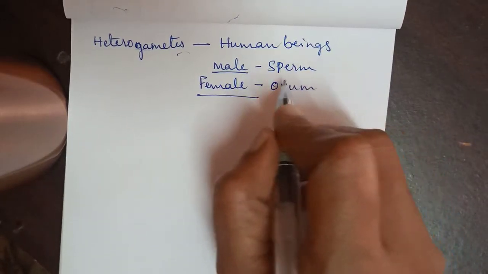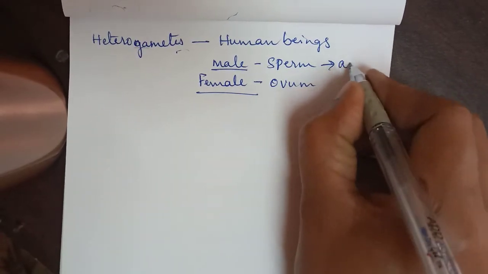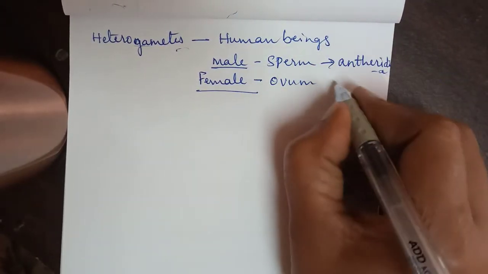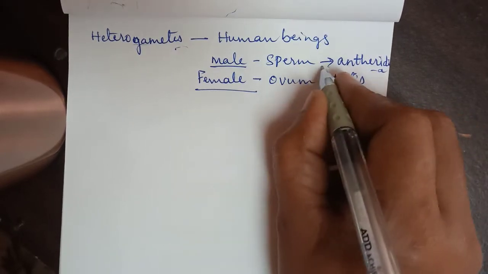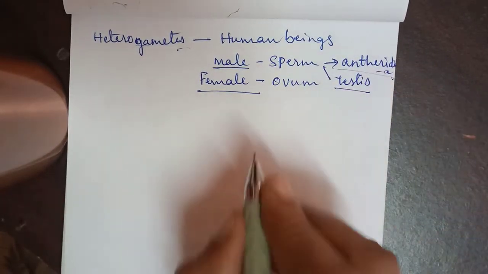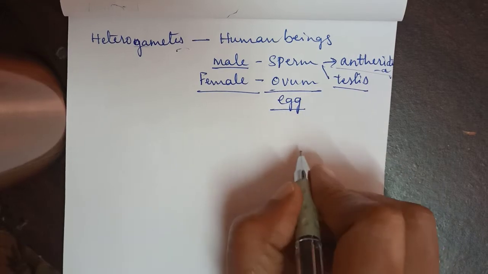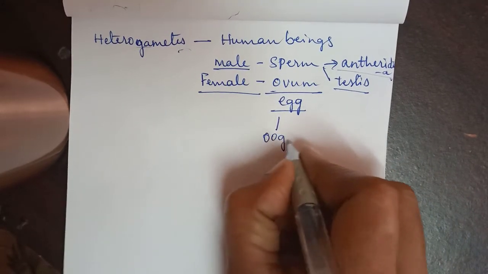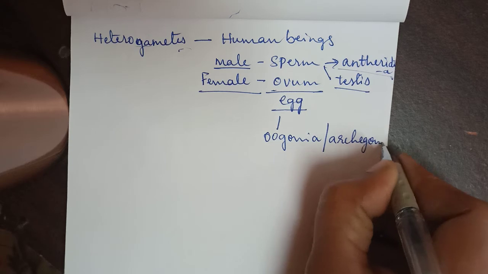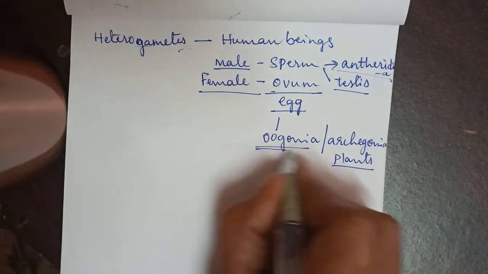So these sperms are usually produced in the sex organs, that is antheridia in plants and testis in animals, whereas the ovum, or egg, is produced within the female sex organ called archegonia in plants and oogonia in animals.